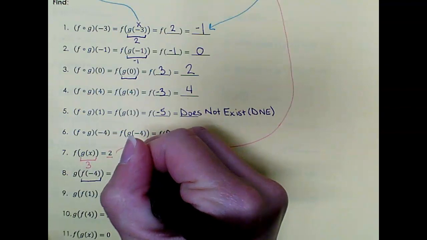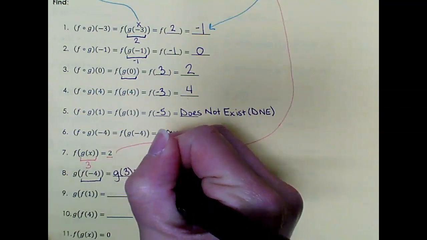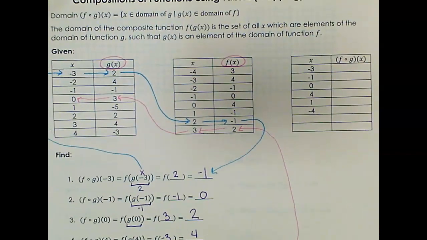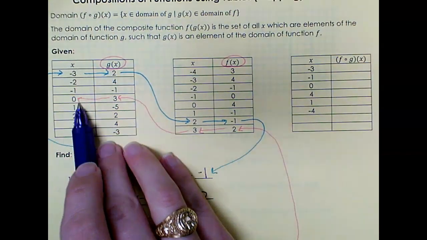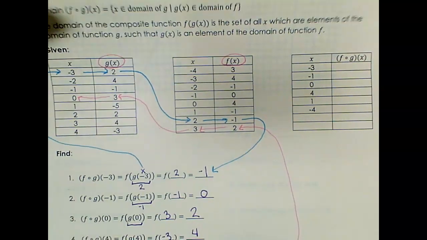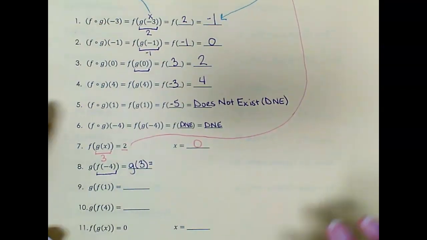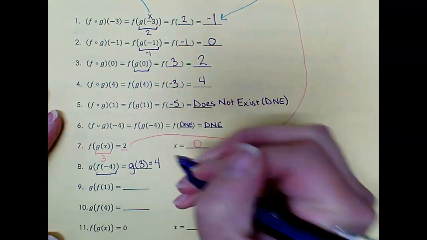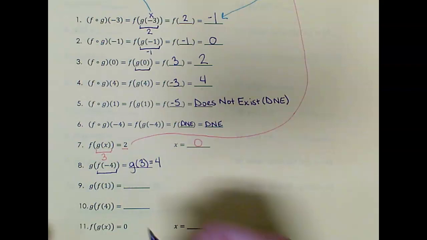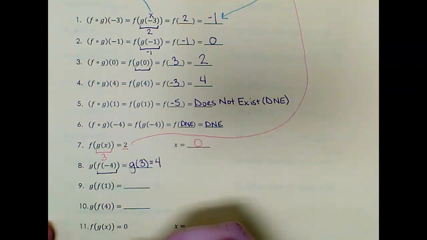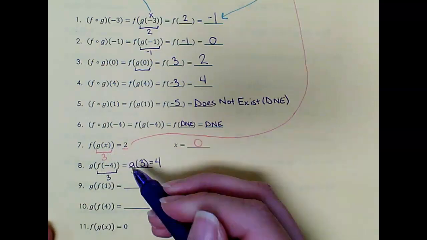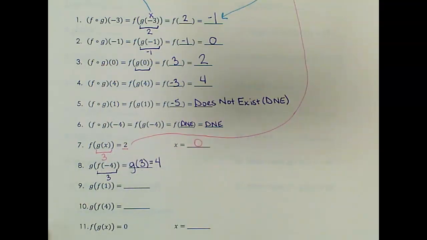So I'm finding g of 3. I'm going to go to my g function. Here is 3. G of 3 is 4. So make sure that you're going in the right order, starting from the inside to the outside. So if you're trying to find g of f of -4, you go to the f function, evaluate it, and then evaluate the g function at 3.